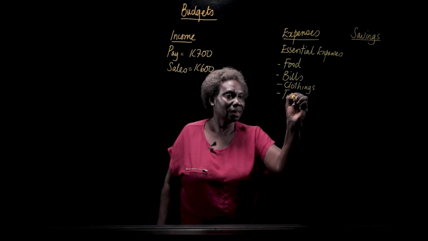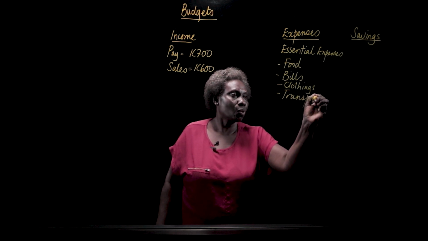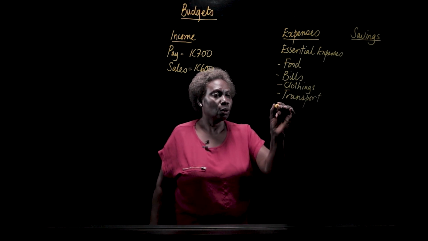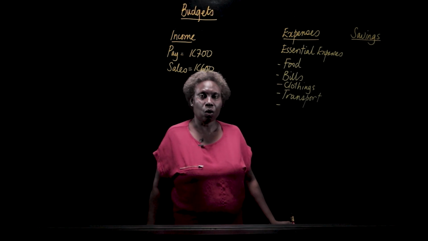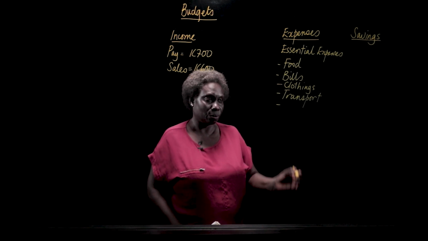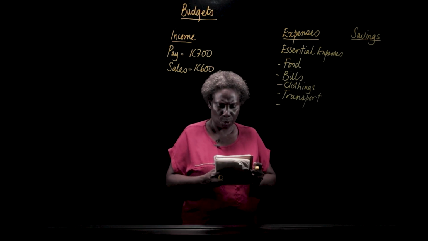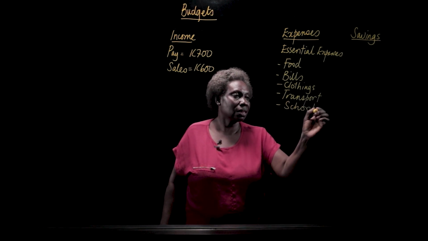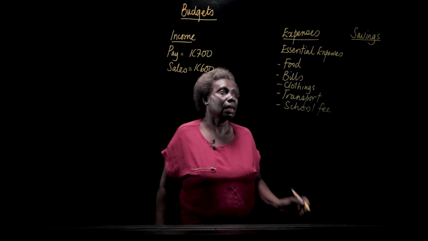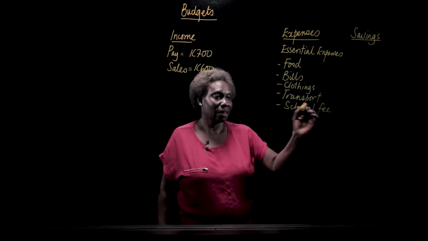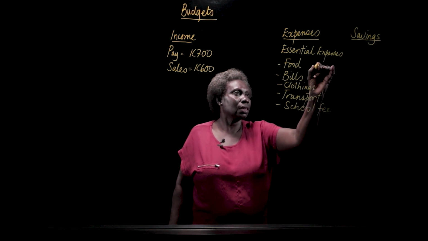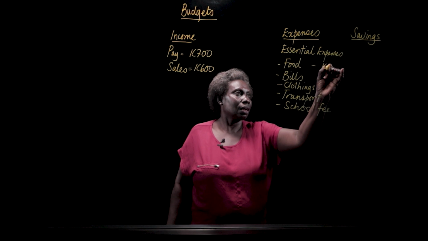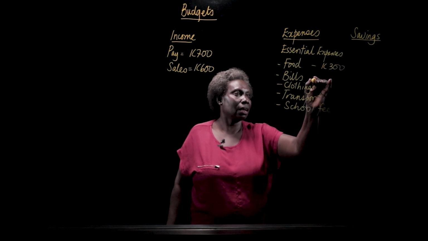Transport, that is to go from home to your workplace. You actually need money for transport. And school fee. These come under essential expenses. For food, he budgets 300 kina.